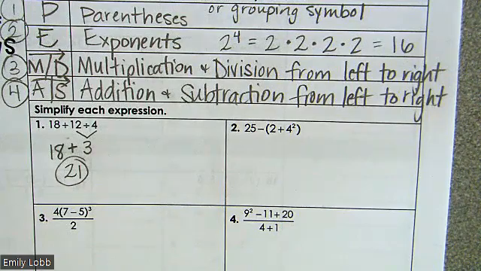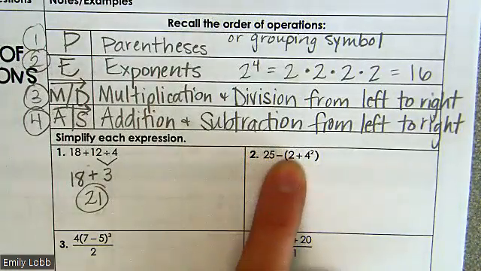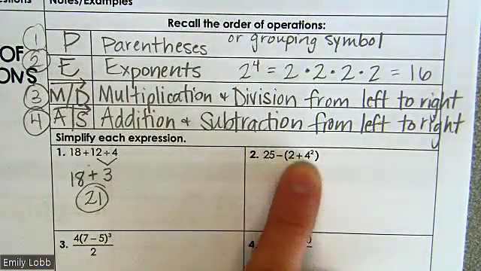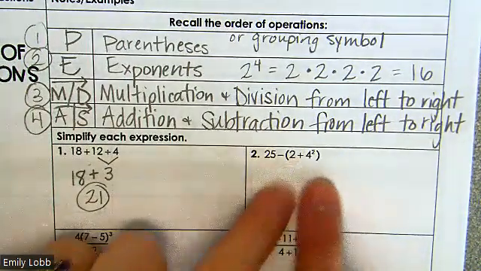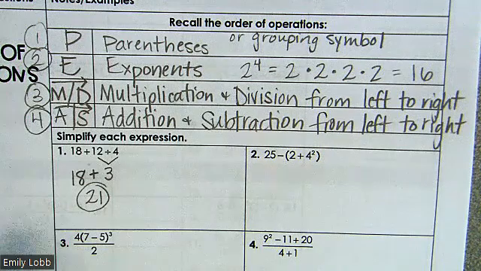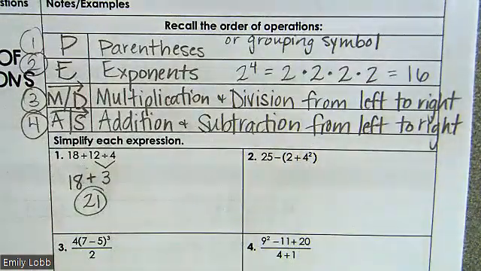Now, number 2, do I have anything in parentheses? Yes. Inside my parentheses, I have a plus sign and what else? An exponent. So between adding and my exponents, which of those needs to be done first? The exponents. Now, is this 4 times 2?